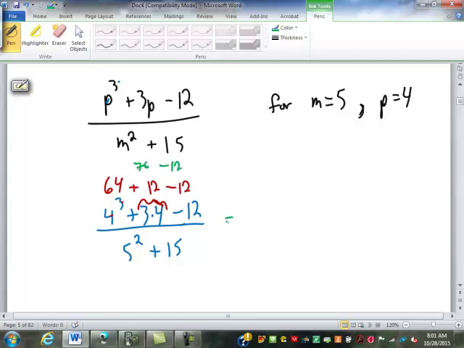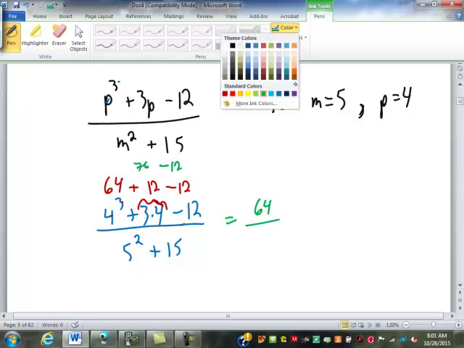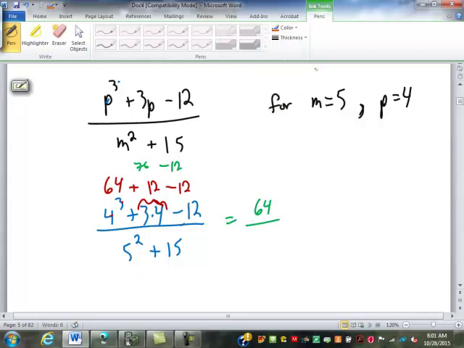Minus 12 is 64. On bottom, first thing we need to do is 5 squared, which is 25, plus 15 is 40. 64 divided by 40, 1.6. What do you think? Still better than a sharp stick in the eye?